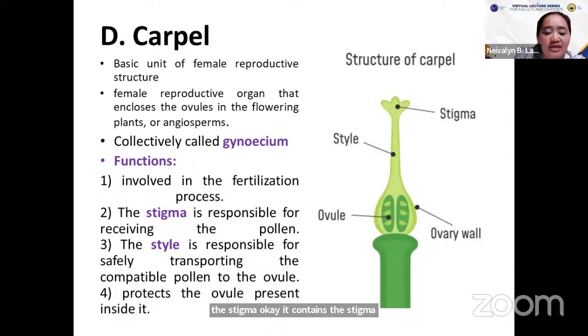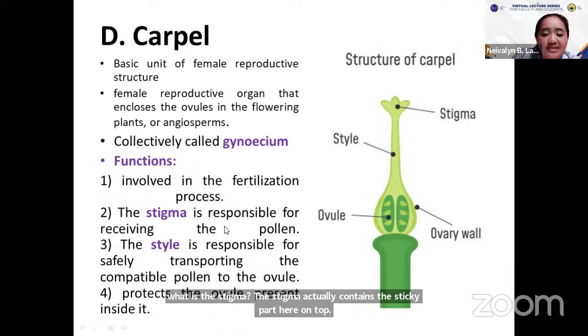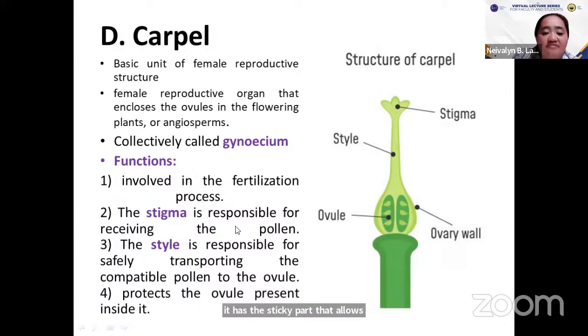The stigma is the sticky part on top that allows the catching of the pollen during pollination and fertilization. The stigma contains a sticky substance which is responsible for receiving the pollen during the pollination process.